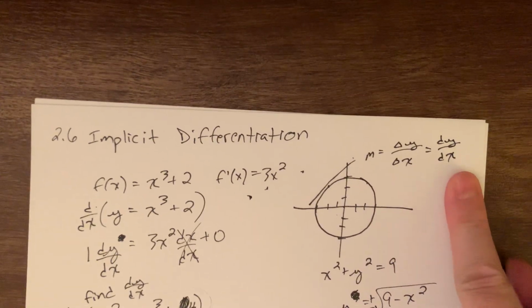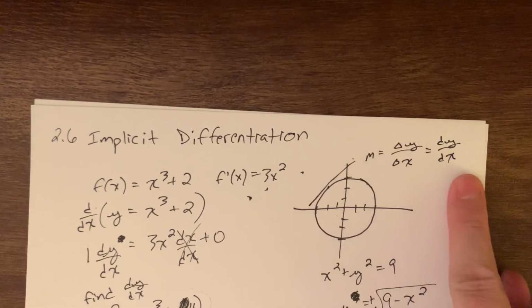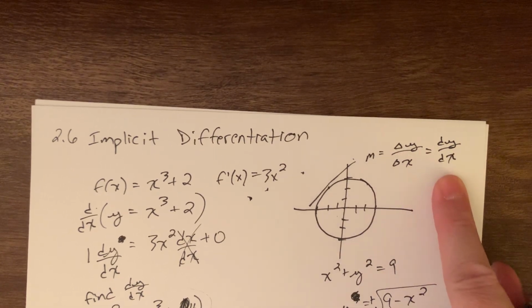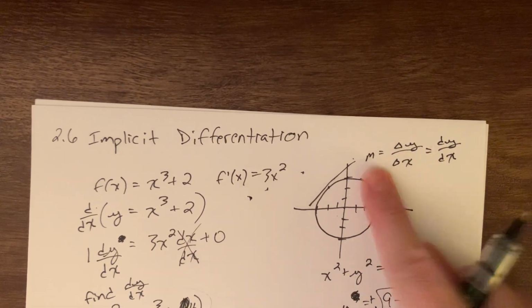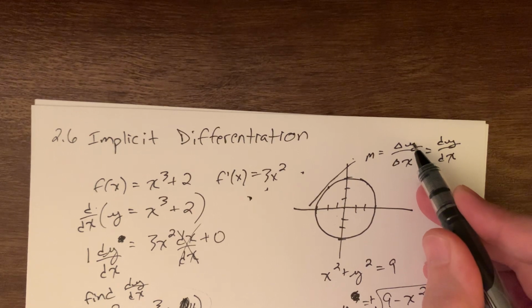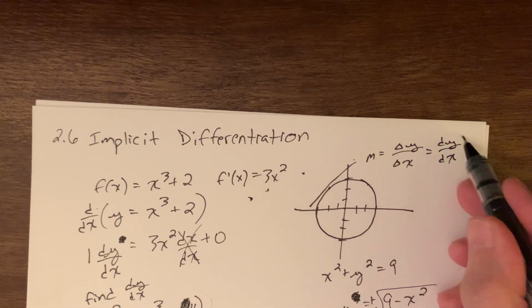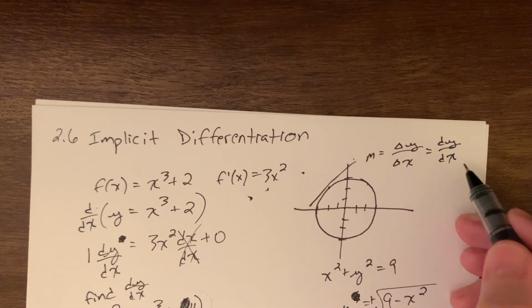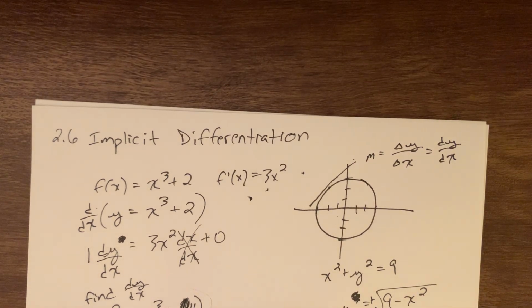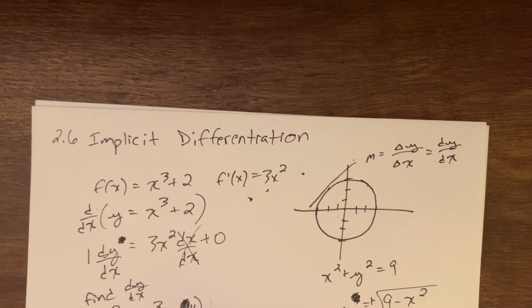There's a little more notation to go with it, but that's essentially becoming dy over dx. So the idea of slope is how the y variable changes with respect to x, and that's exactly what we're getting here. So where does this have horizontal tangent lines? I need this specific derivative. I would still set it equal to 0.